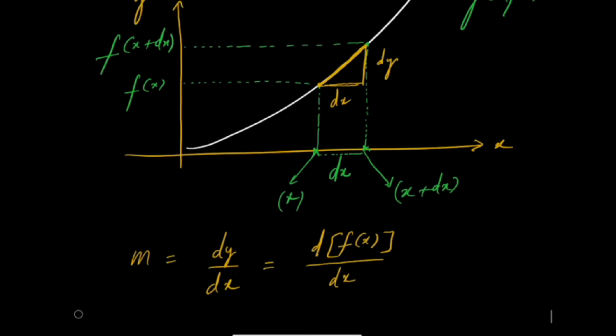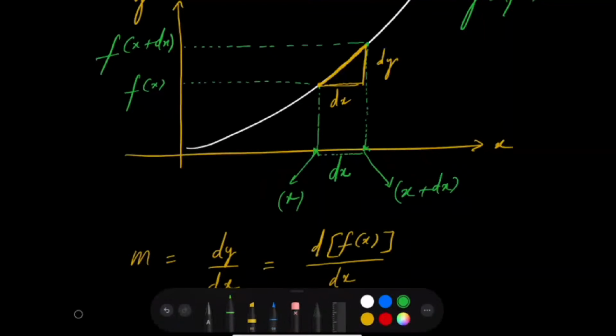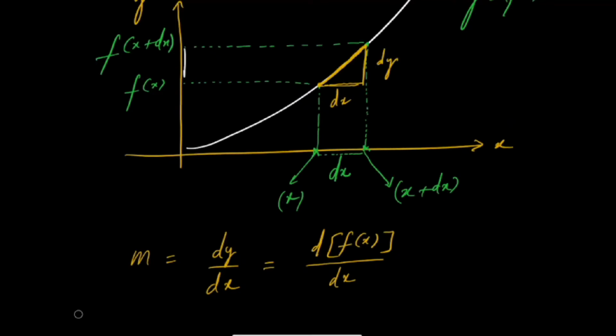What is dy? Let me take another color. Okay, I'll take white. What is dy? This is dy, and that is also dy. It is f of x plus dx minus f of x, correct? f of x plus dx minus f of x gives you dy.